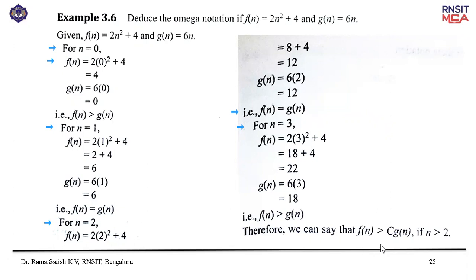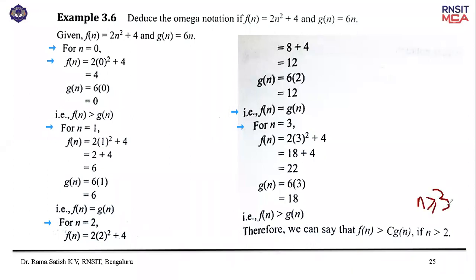Therefore, we can say f of n is greater than c g of n if and only if n is greater than 2, or you can certainly write if n is greater than or equal to 3.